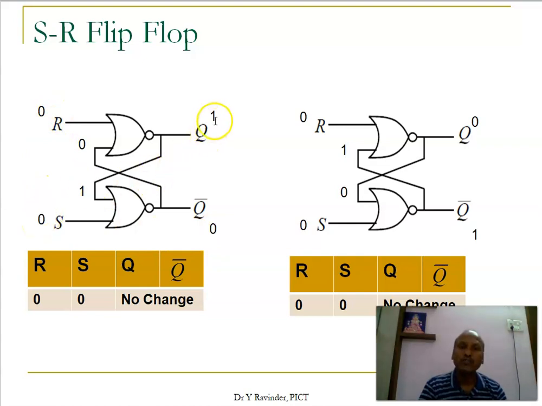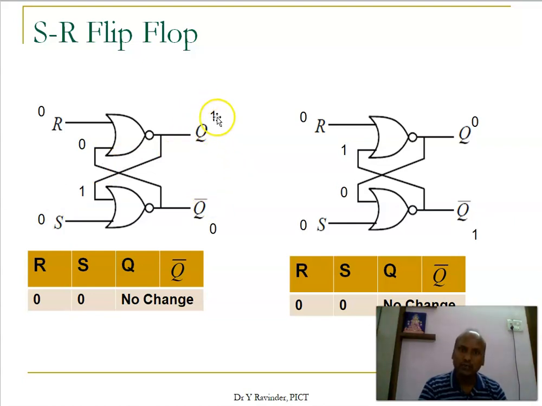Because this 1 is fed back here, one of the inputs is 1, so output becomes 0, and this 0 goes here, and 0, 0, this is 1. So what I am trying to say here, when the reset and the set are both 0, whatever was the output before making R and S both 0 will remain as it is.